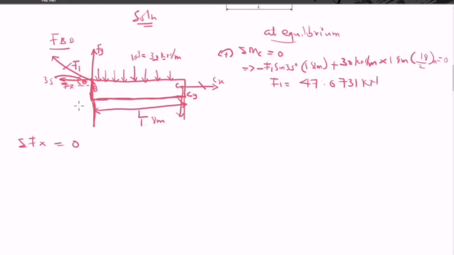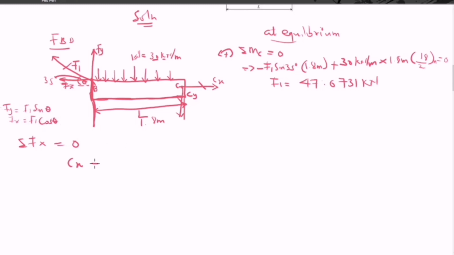We have our Cx, which is moving in the positive direction. Then we have our Fx, which is moving in the negative direction, and we now have our F1. Note that, let me establish something here, Fy is the same as F1 sine theta, and Fx is the same as F1 cos theta.